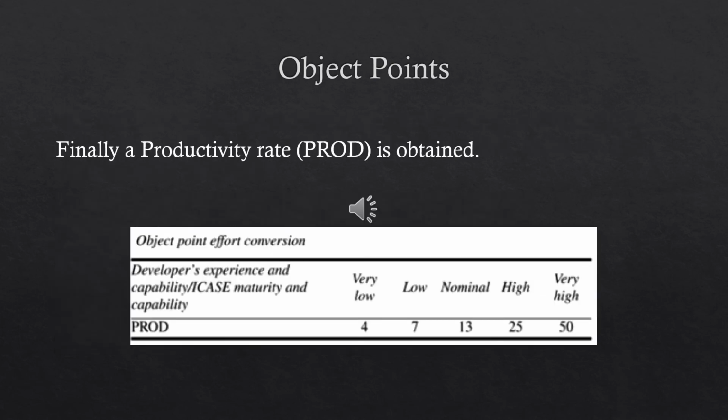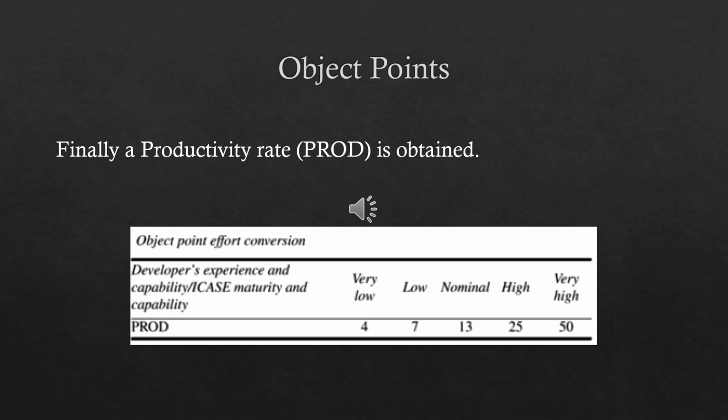Finally, a productivity rate has to be identified. The productivity rate here is denoted as PROD. Some of the objects might not need to be developed as they are already existing components that can be utilized.